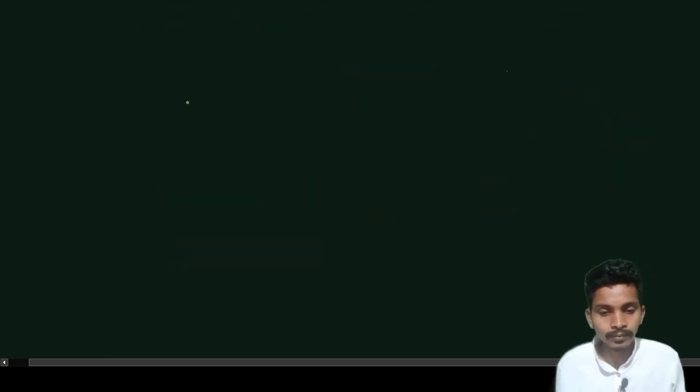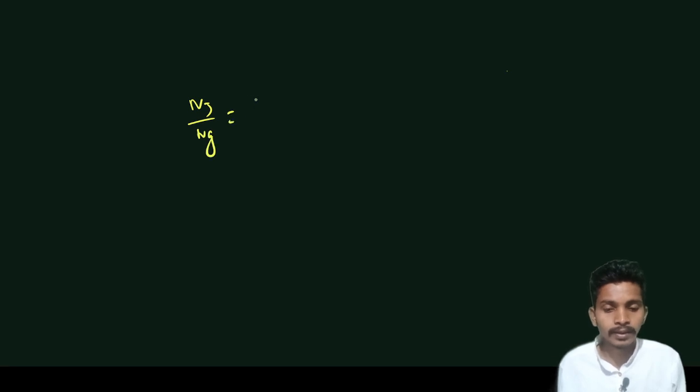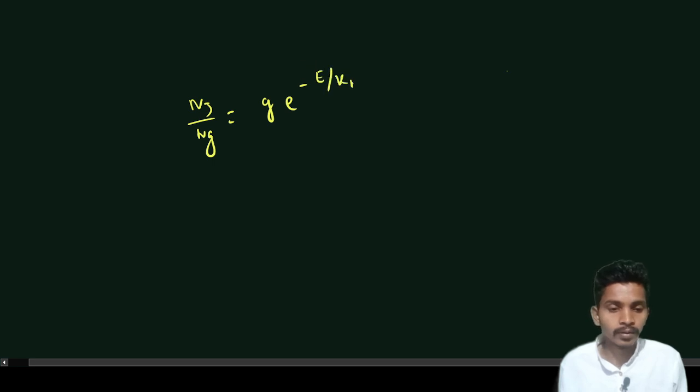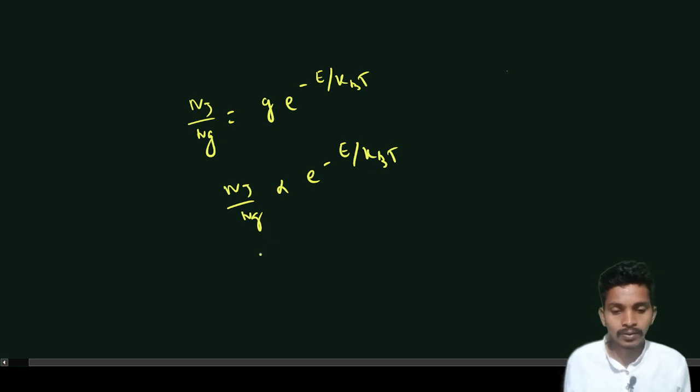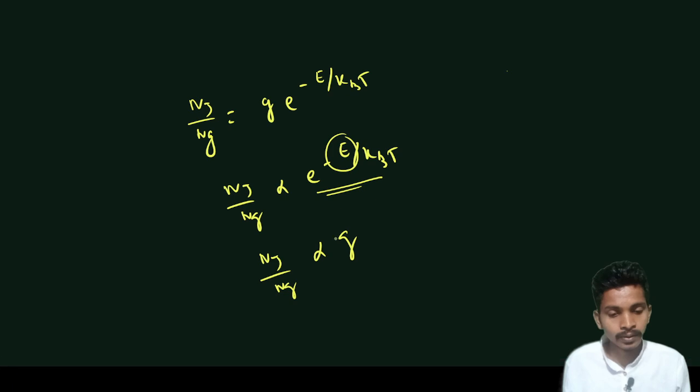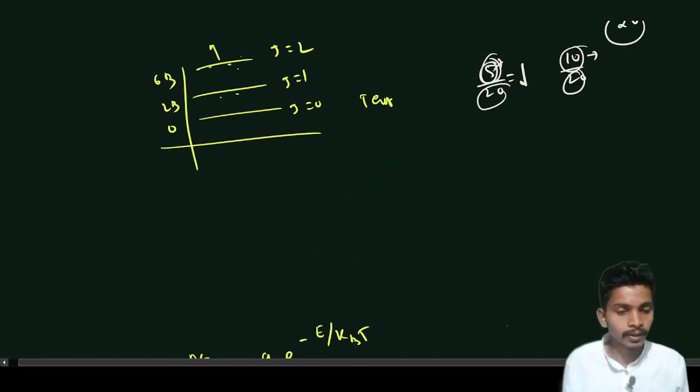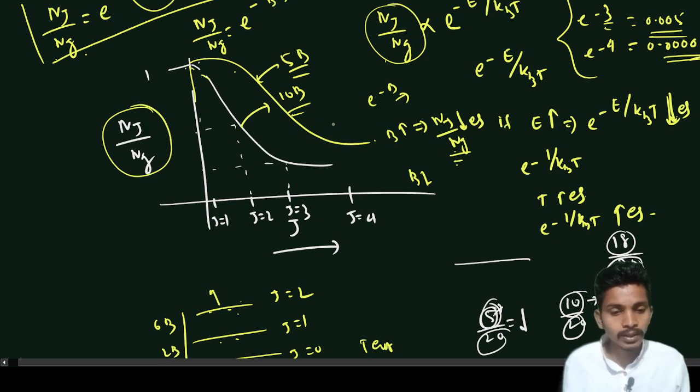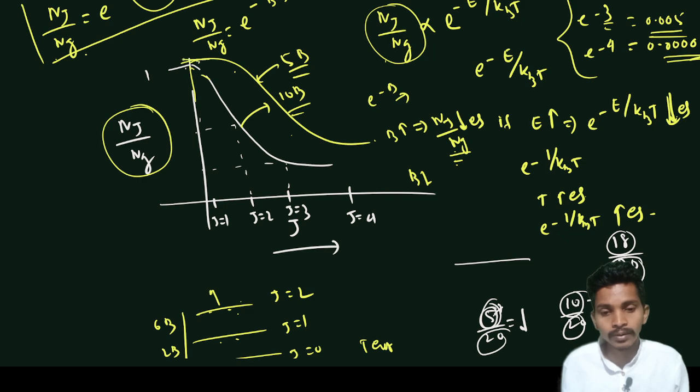Actually, Nj upon Ng ground state also has the degeneracy factor, multiplied by e to the power minus E upon kBT. So Nj upon Ng is directly proportional to e to the power minus E upon kBT, and also directly proportional to the degeneracy value g. With increasing energy, this value decreases, but as the degeneracy increases, this value also increases. It becomes like this equation.